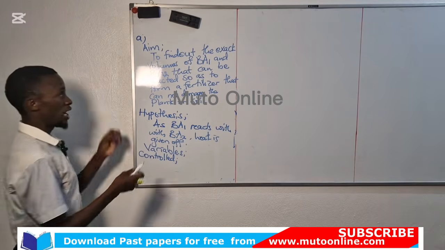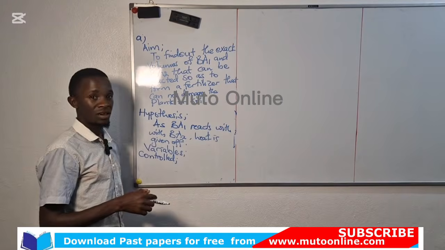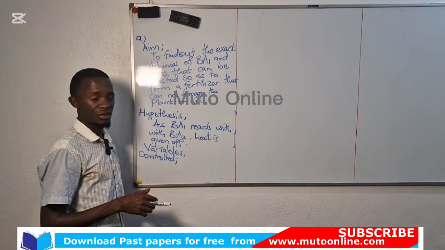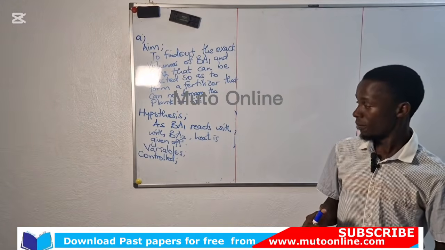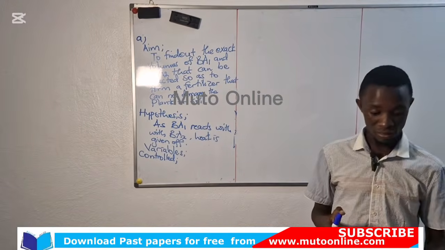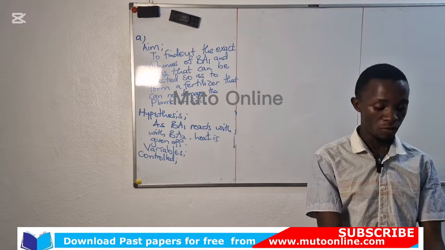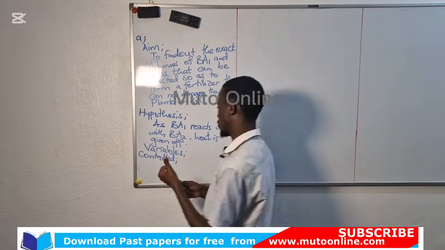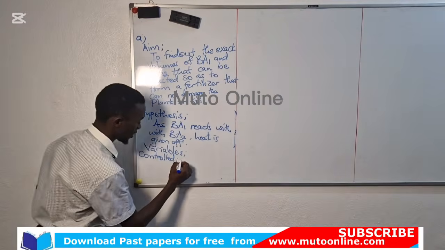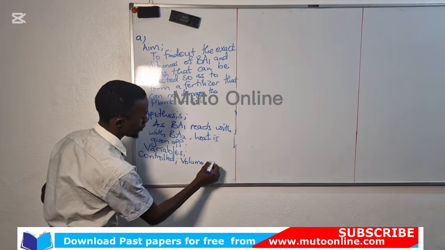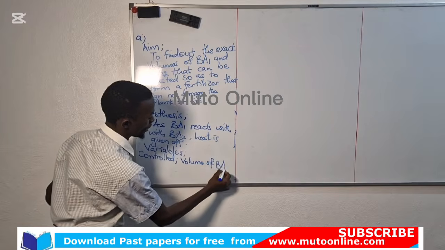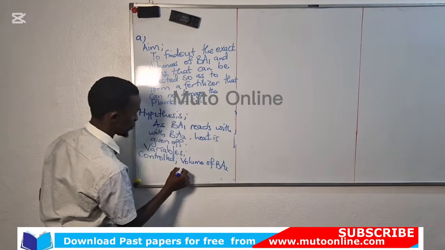So we said we are going to use fixed volumes of the alkali. So we are going to make sure that we use the same fixed volume of the alkali, and the alkali here is BA2. So that means the controlled variable will be the volume of BA2 used.